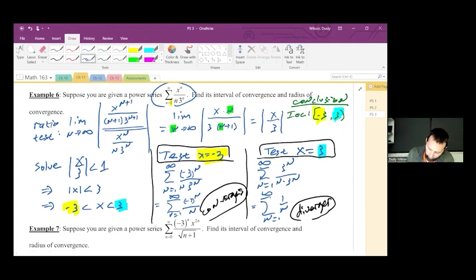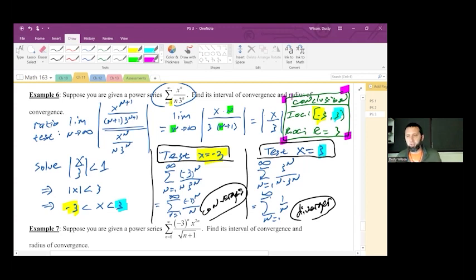And then our radius of convergence, our ROC, is half the width of this interval. So from -3 to 3 is 6. 6 divided by 2 is 3. So this up here is our conclusion from this particular question.